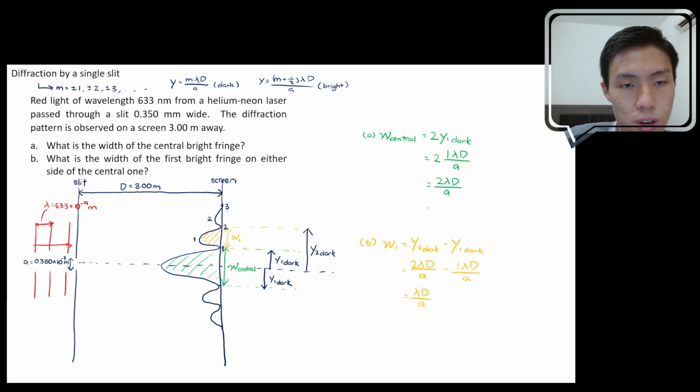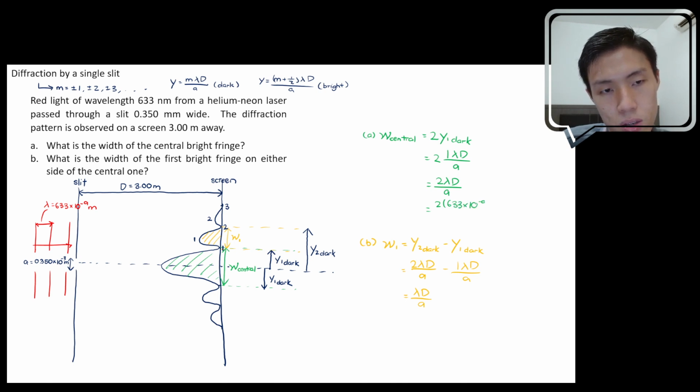So you have your 2 lambda, which is 633 times 10 to the power negative 9. Your distance between slit and screen is 3.00. Divide by the width of the slit, which is 0.350 millimeter, times 10 to the power negative 3.